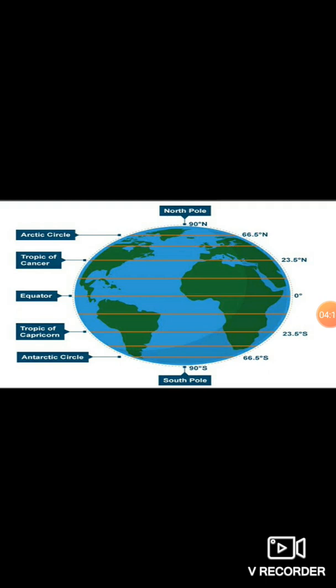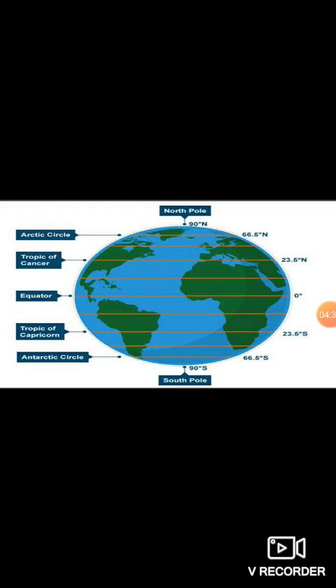All parallel circles from the equator up to the poles are called parallels of latitudes. They are measured in degrees. The equator represents 0 degree latitude. The distance from the equator to either of the poles is 90 degrees.